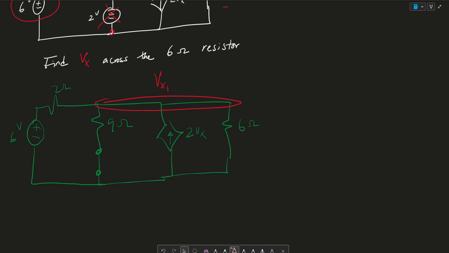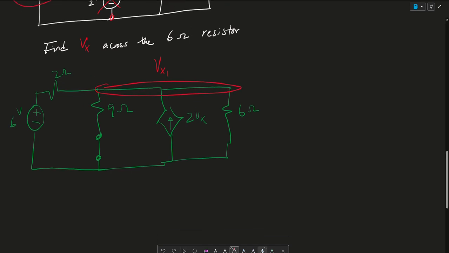But essentially, you can do a KCL. And what I'll do here is say that essentially the current coming in here is I1, and I2 is leaving, I3 is leaving, and I4 is leaving.